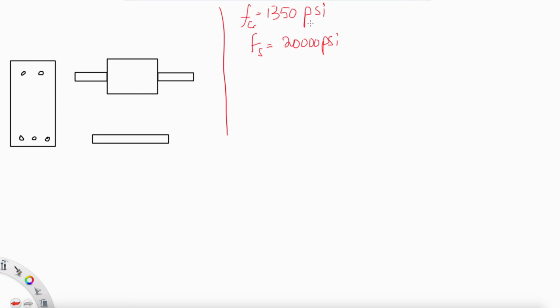Now I want to judge which stress, the concrete or the steel, that if I calculate the moment, will judge the section.